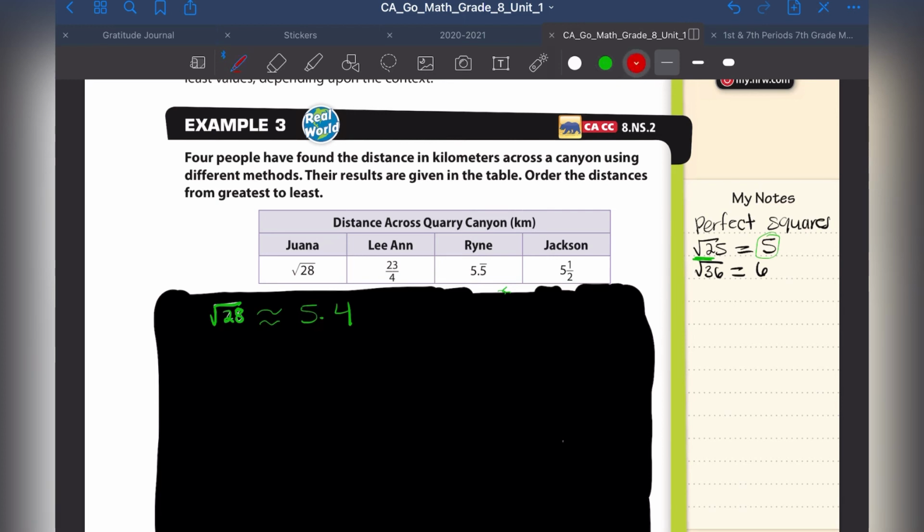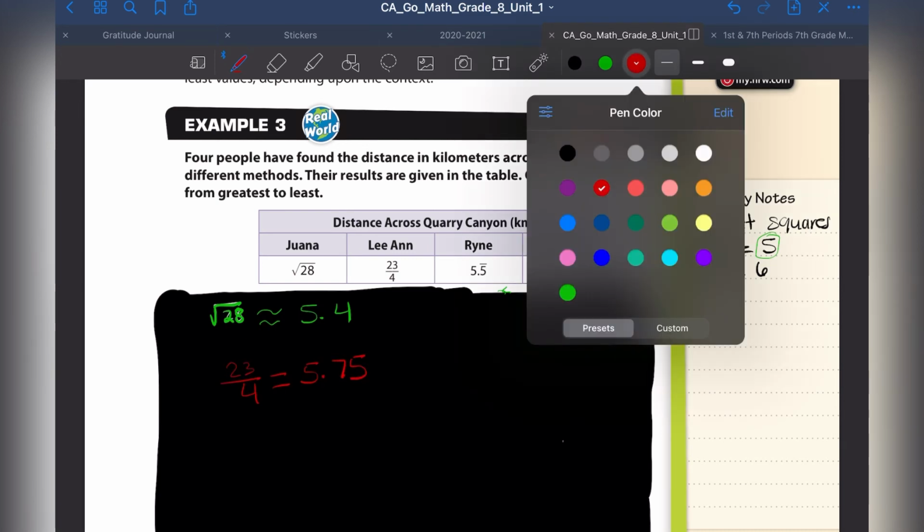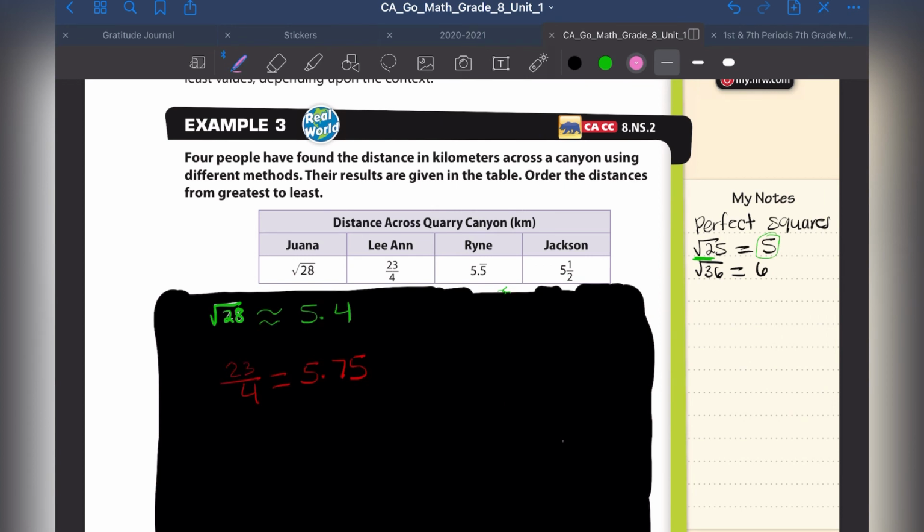So now we have 23/4. We have to change that to a decimal so that it's easier to compare. So 23 divided by 4 is 5.75, and the next one is already in decimal form, a repeating decimal, so we're good there.